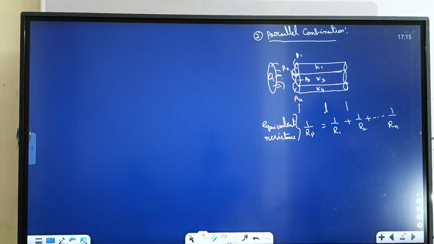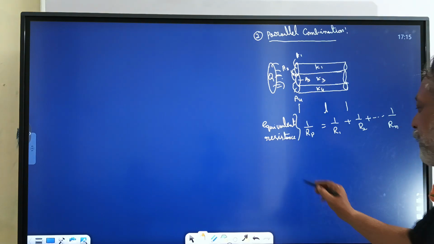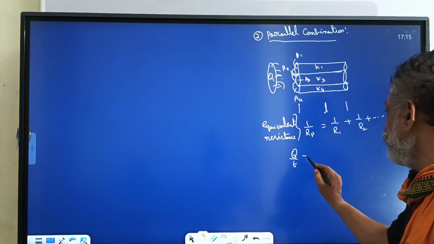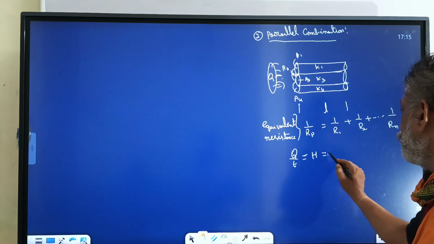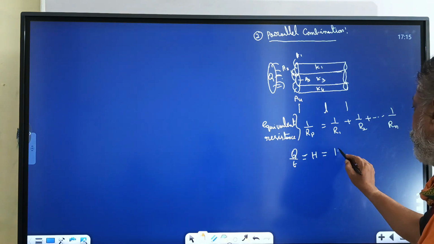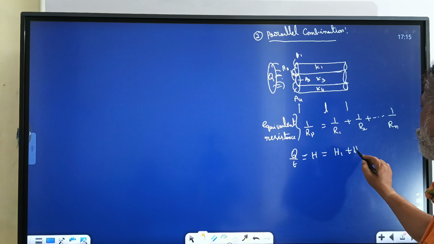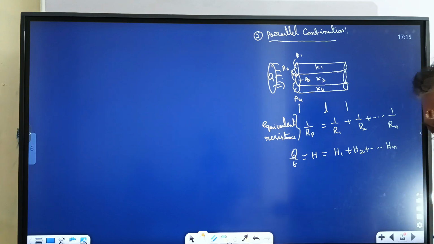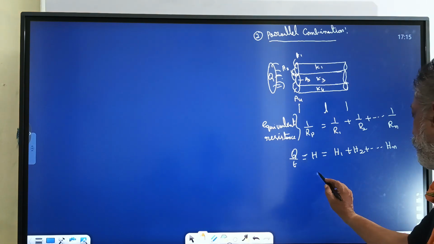But here the total rate of heat flow, Q by t, that is H, is equal to H1 plus H2 plus up to Hn, just adding.